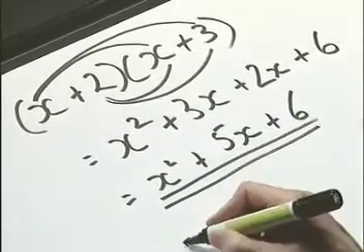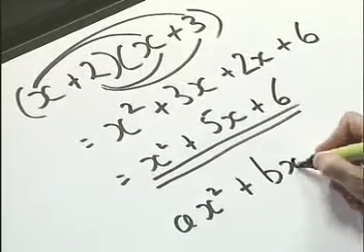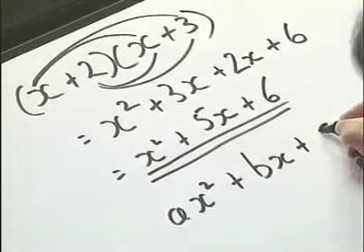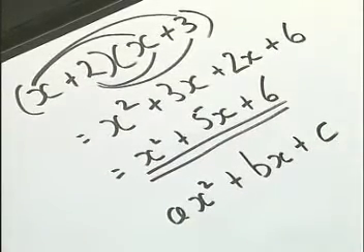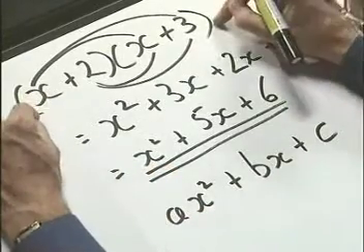So our most general quadratic expression would be ax squared plus bx plus c. What we're going to have a look at is how we factorise expressions like this. In other words, how we go back from this kind of expression to this.